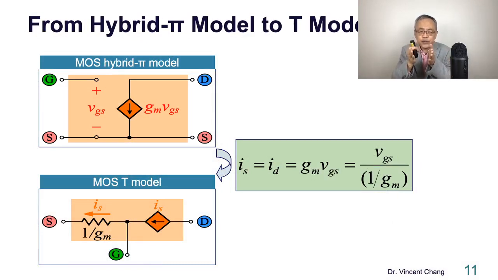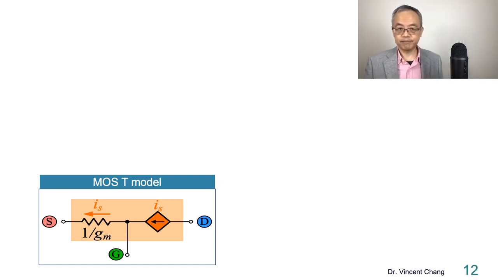I wanted you to focus on the beginning and the end. The beginning tells you the current, IS. The end tells you VGS divided by that resistance. So what is that resistance? 1 over Gm. This is the T model.